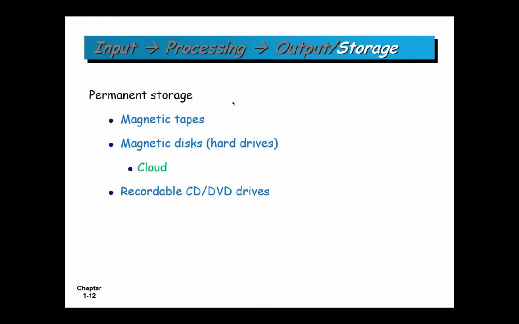A billion bytes is a gigabyte. So if you have a gigabyte of storage, you can store a billion letter A's. A terabyte is 1,000 gigabytes. So if you have a terabyte of storage, you could store 1 trillion letter A's.